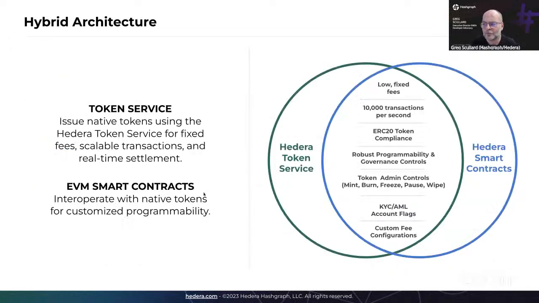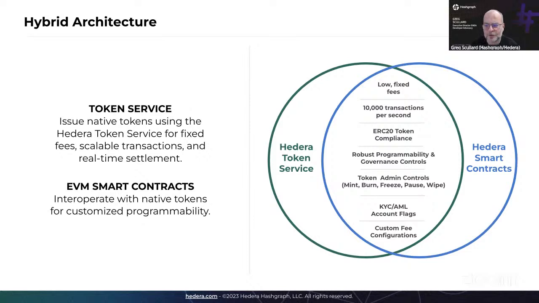We also leveraged some capabilities that the Hedera network provides across the different services. So if you recall earlier, I alluded to three services: the Hedera Consensus Service, the Hedera Token Service, and Hedera Smart Contracts.